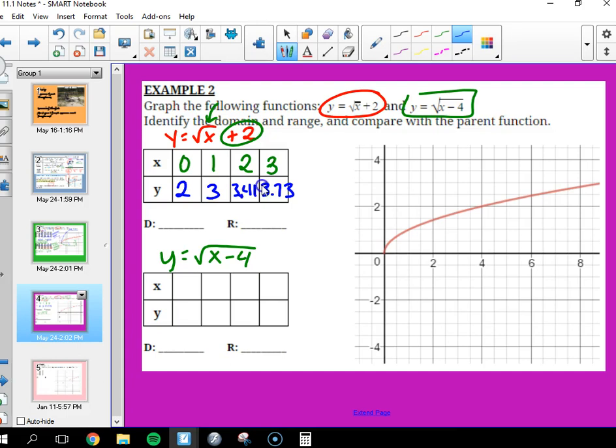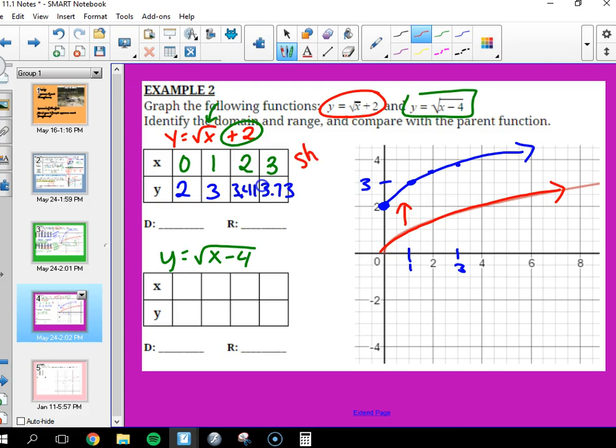Graph those, and we get 0, 2 right here, 1, 3 right there, 2, 3.41 would be about there, 3, 3.73 would be about there. If you look at that, looks about the same as our parent function, except for it's just been shifted up 2 places.